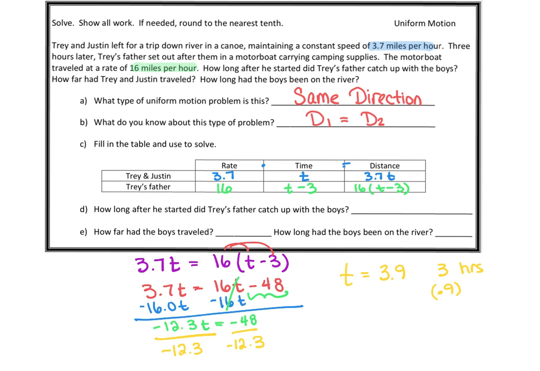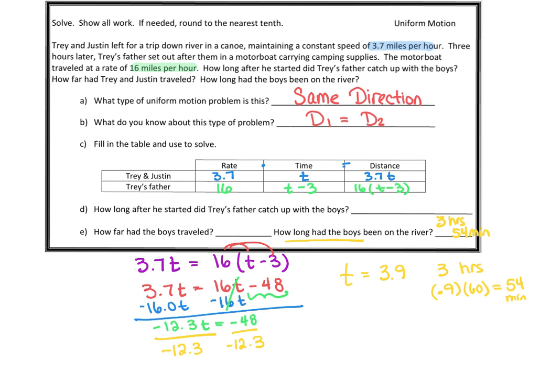My 0.9 times my 60 minutes is going to be 54 minutes. So how long had the boys been on the river is what we just solved for. That is the time: 3 hours and 54 minutes.